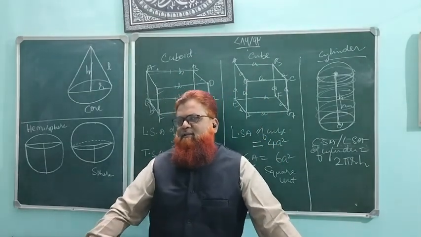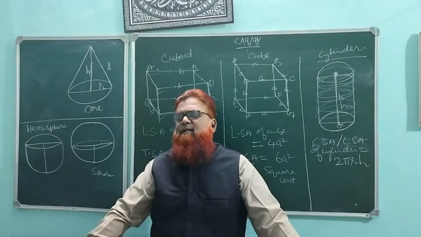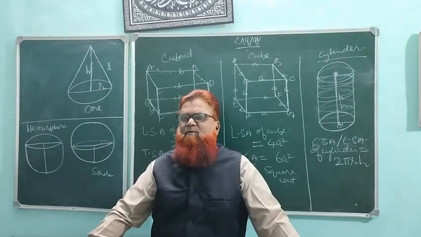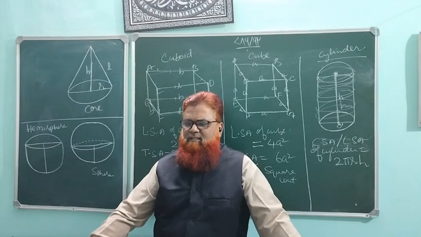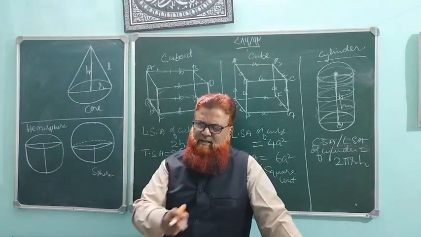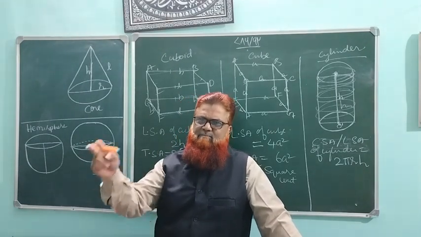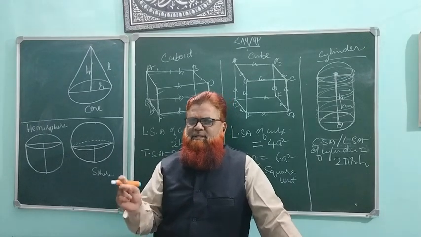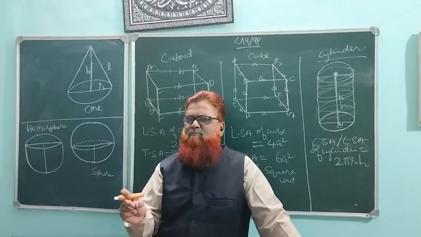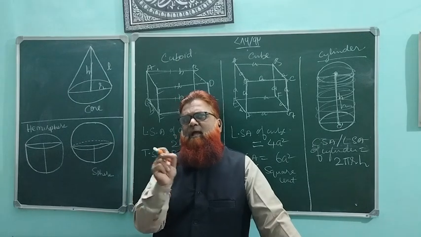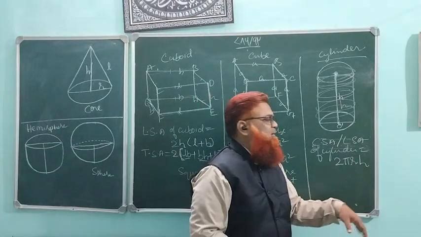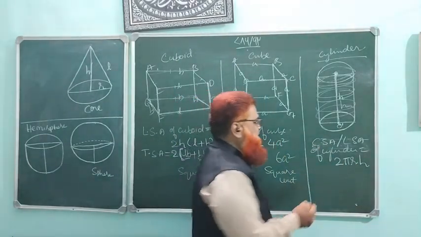Can you recall where the 2 pi r is used in a circle? It is the perimeter, the circumference of a circle. The boundary of a circle is called the circumference or perimeter. So the formula we use for the perimeter is 2 pi r. So 2 pi r multiplied by h.